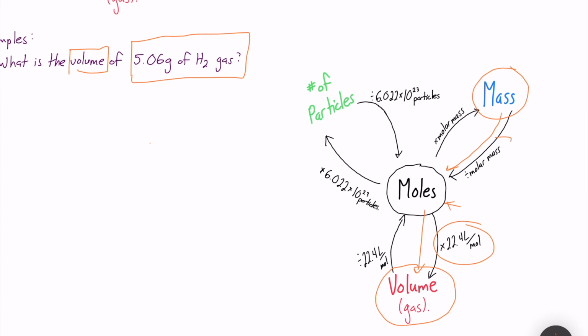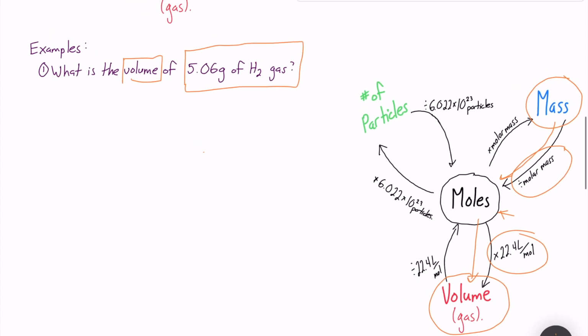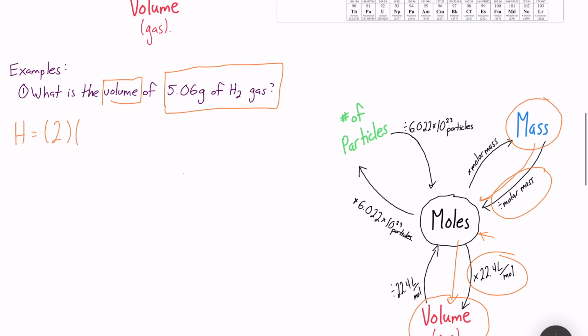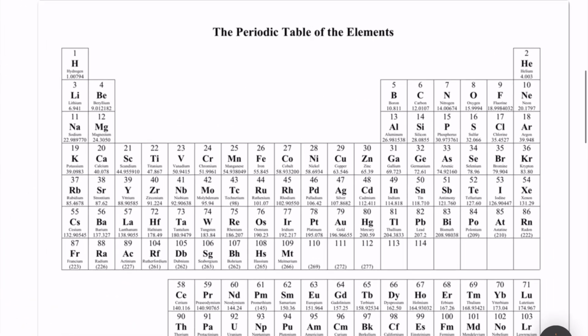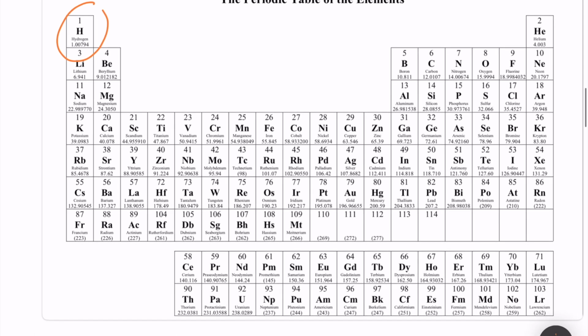So the first thing you'll recognize, we do need the molar mass here of our substance. So let's take a look at that and complete that step first. So we have hydrogen, and H2 means that we have two of them. Let's find the molar mass of hydrogen on our periodic table here. If we zoom in, we have hydrogen right there. We're going to keep two decimal places. So the molar mass of hydrogen is 1.01 grams per mole.